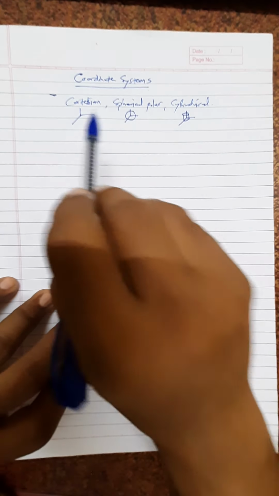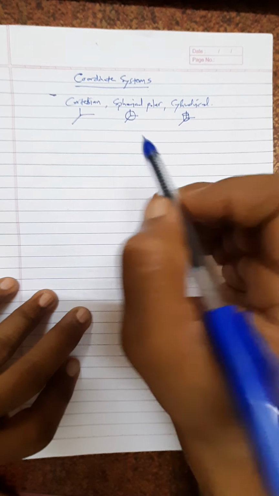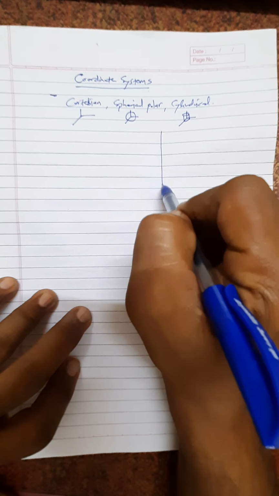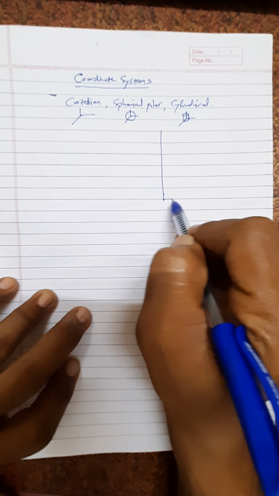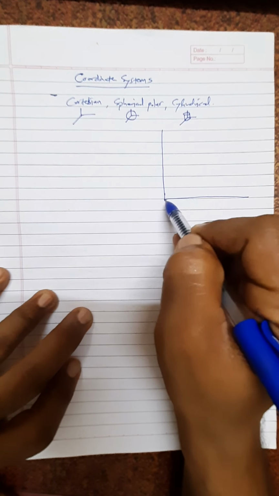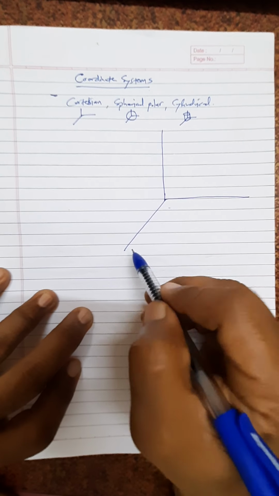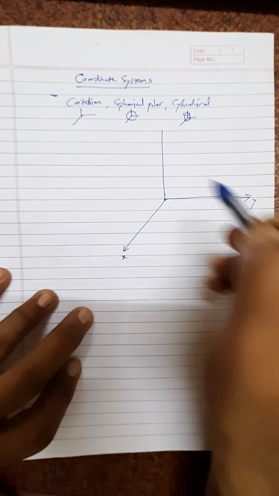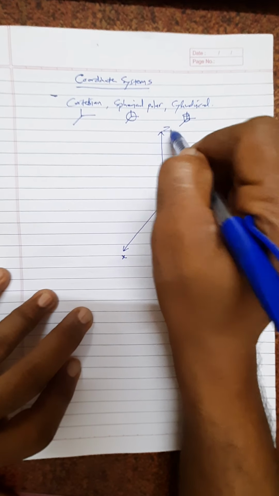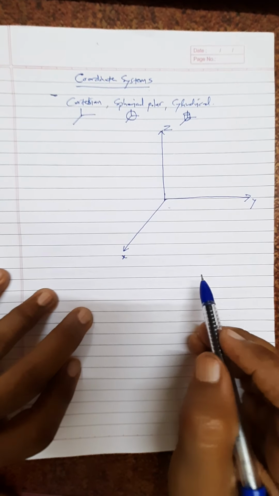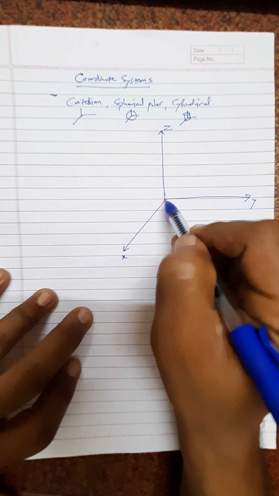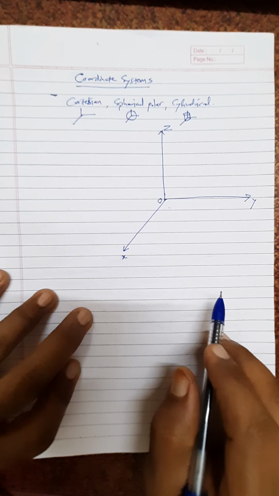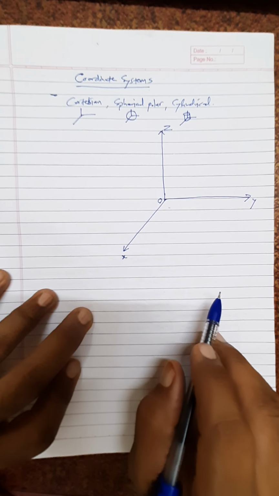We are aware of the Cartesian coordinate system. Typically, it consists of three mutually perpendicular axes like this. This axis is named the x axis, this is the y axis, and this is the z axis. These three mutually perpendicular axes intersect each other at a common point, which is known as the origin of the coordinate system.